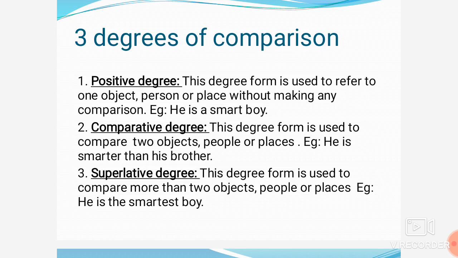For example, he is the smartest boy. We add the word the before the adjective because we are speaking about a particular person. So the smartest is the superlative degree form of the adjective.